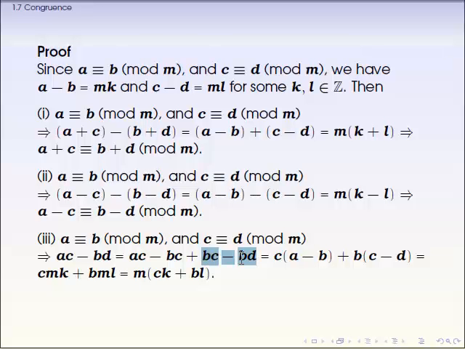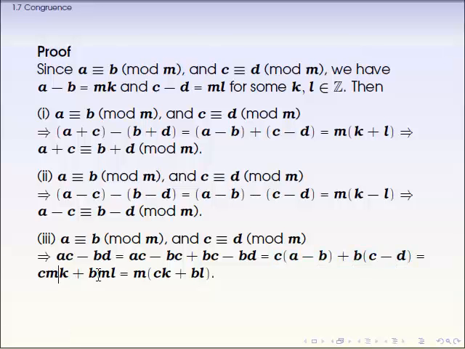And from here, we can factor out b, remaining c minus d. So we got this part. But we already have a minus b can be written as mk and c minus d can be written as ml. So this one is equal to c times mk plus b times ml.